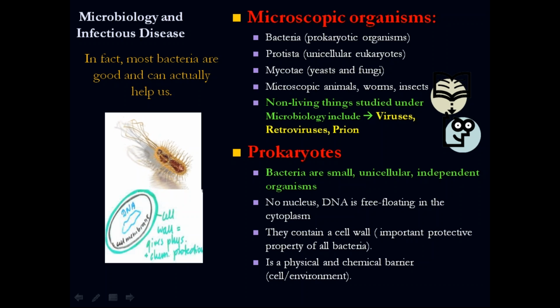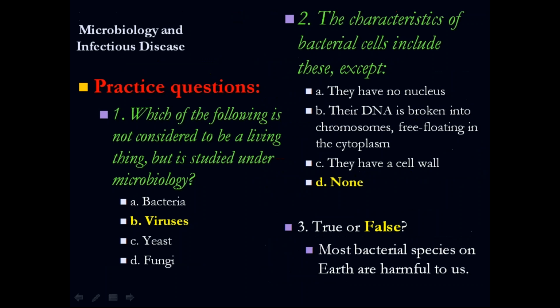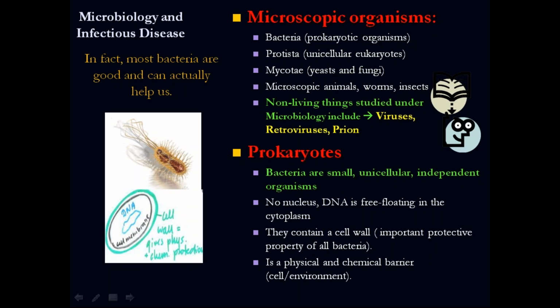This is actually a very good cartoon of the E. coli. So prokaryotes. Who is a prokaryote? A prokaryote is a bacteria. And the eukaryote is our cells. So you and I have eukaryote cells.